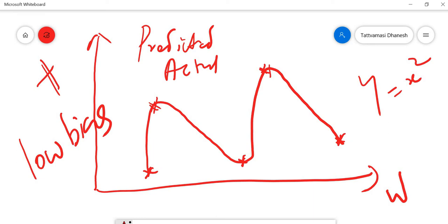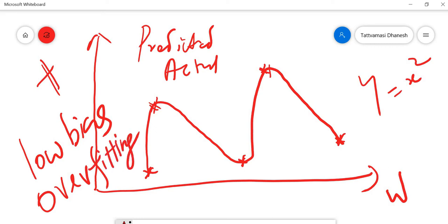And this model, when it considers the training data set, it is overfitting. It is completely fitting through the training data set. Low bias and overfitting. So this is the concept of low bias and overfitting.